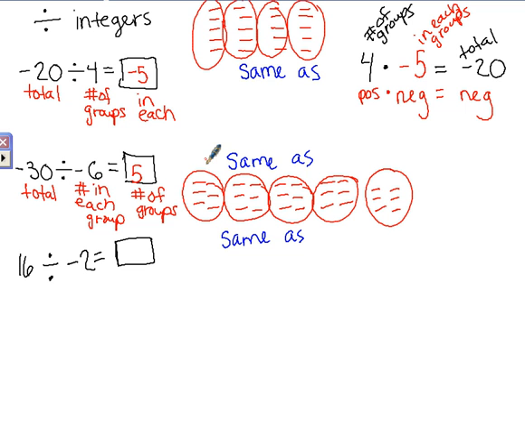Now again, we always want to double check that. The total that I started with was -30. And in multiplication, because we're using fact families, an opposite operation of division is multiplication, our total goes at the end. So we know this is going to be -30. Our problem also told us that there was -6 in each group, and we were supposed to figure out how many groups there were.